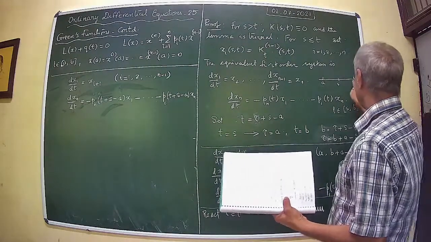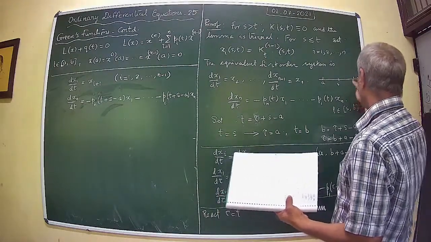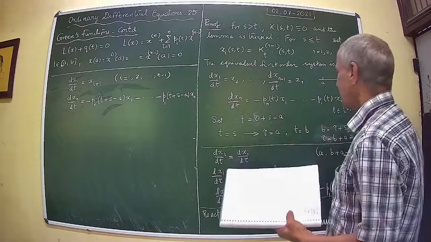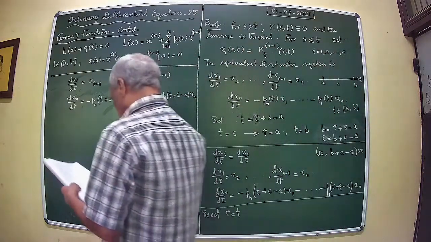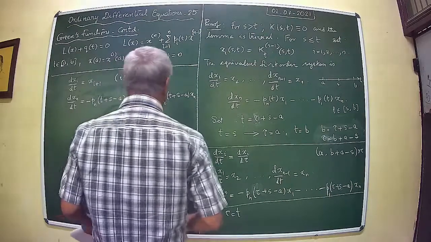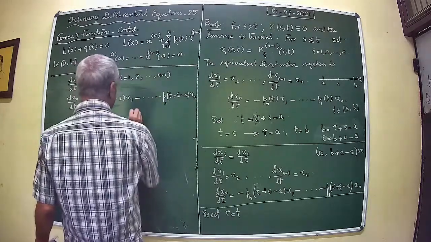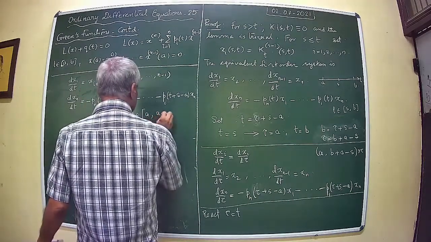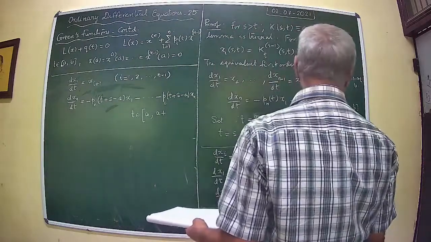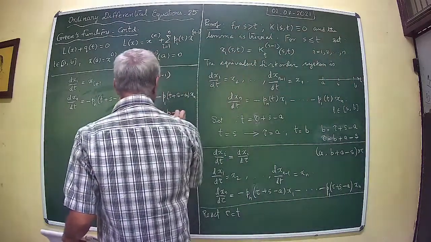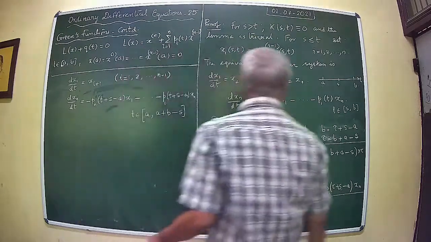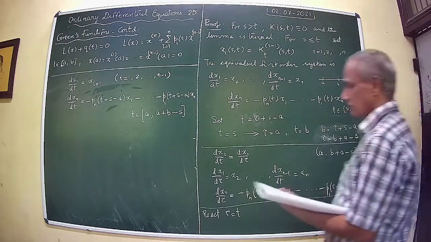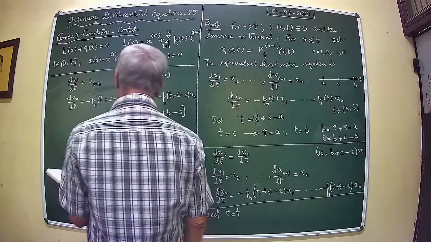The extreme end B will go over to the corresponding B plus A minus S. So it is now on the interval A to, clear, okay, it's A plus B minus S. That is the other extreme end that you have.